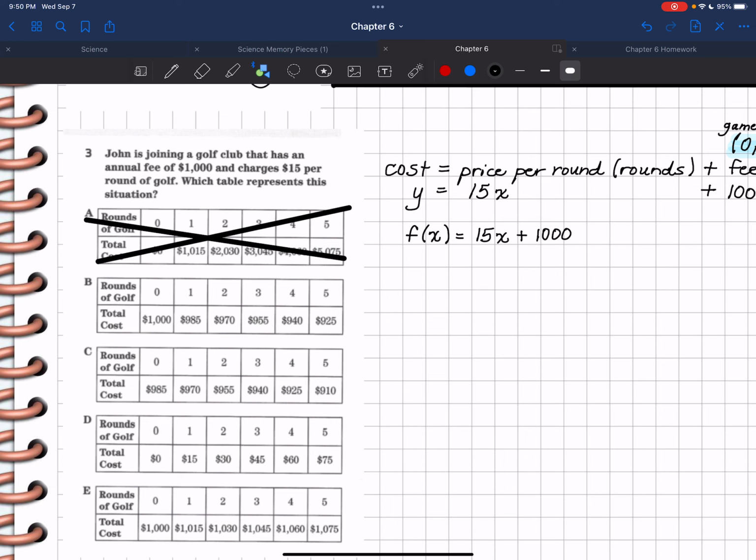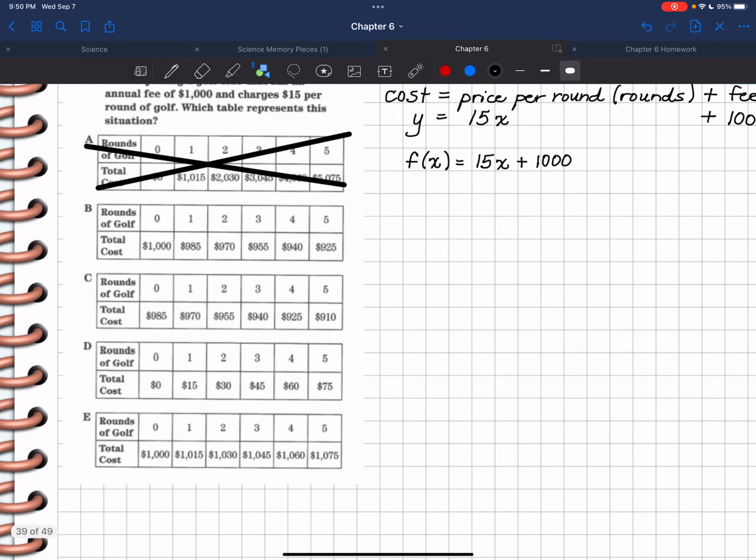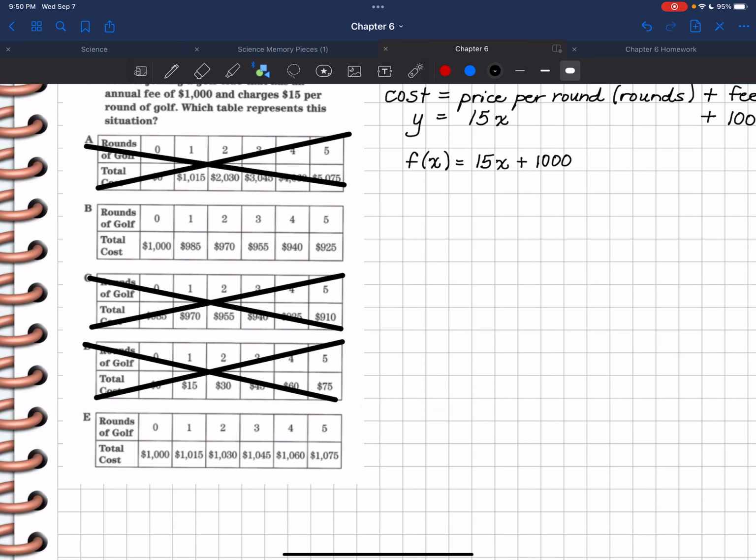B says 0 rounds or 0 games, $1,000 fee. That's true. C says 0 games, a $985 fee. That's not what our story says. D says 0 games, $0. And E says 0 games, $1,000 fee. So it's B as in boy or E as in elephant. We know that is true because of that y-intercept.